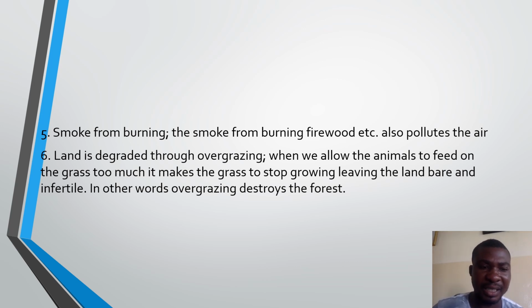Then six, land is degraded through overgrazing. When we allow the animals to feed on the grass too much, it makes the grass stop growing, leaving the land bare and infertile. We have various cattle that we rear, and there are people who rear cattle in large numbers, by 1,000, 2,000, 3,000, 700, 800.